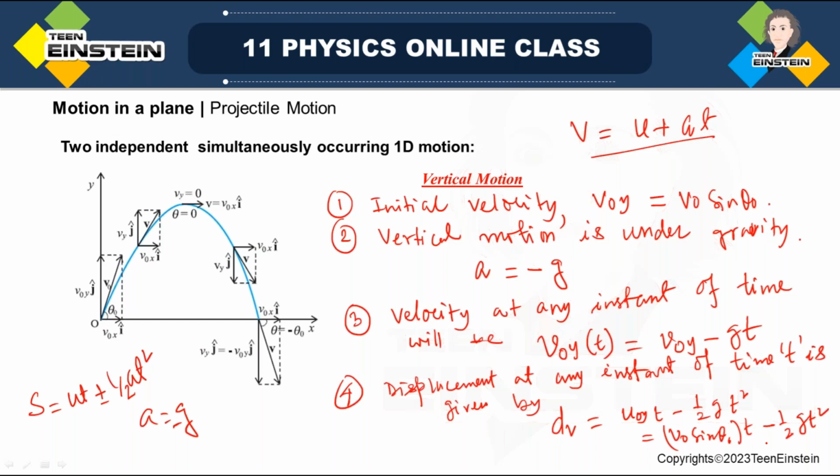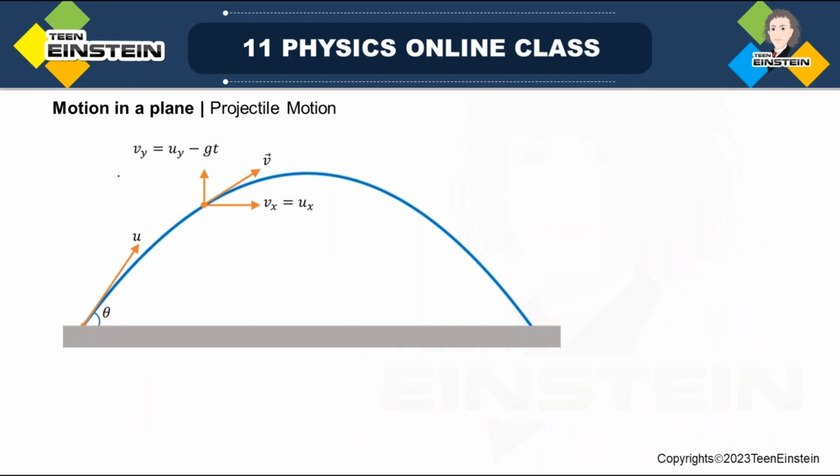Now you might be thinking, then what is the net motion? See, the net velocity will be a velocity vector, vx i cap plus vy j cap.